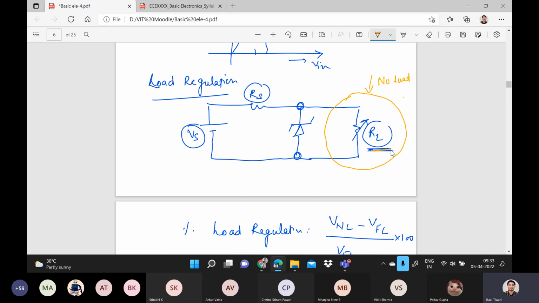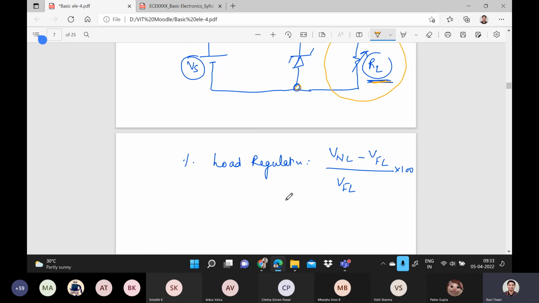When you remove this load resistance and find the voltage across the Zener diode, it is called the no load voltage. And when you connect this load resistance, full load means the highest value. Then you find the voltage across this Zener diode, and then you find the load regulation by this formula.